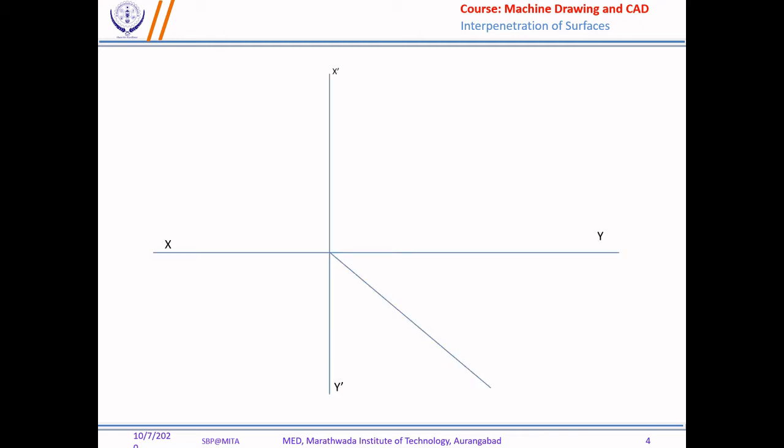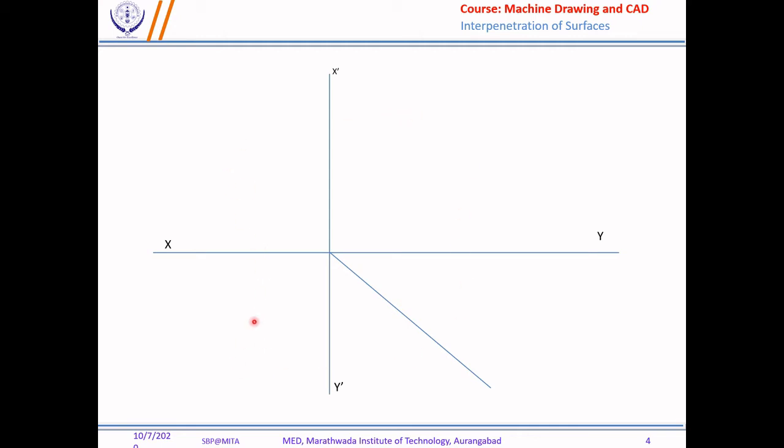To begin with, we need to draw the XY plane and X dash Y dash plane positions as lines. Here we have to draw the orthographic views of these two solids in penetration.